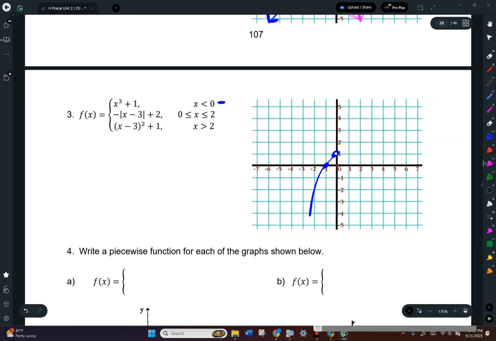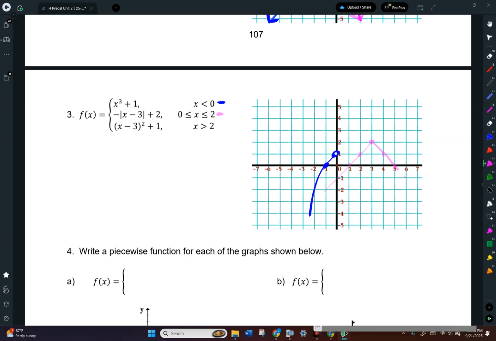Okay, and then for the middle piece, this is an absolute value graph. For now, I'll ignore the 0 to 2 and erase it at the end. I know this absolute value is 3 units to the right, 2 units up, and it's opening down. So if I were drawing this entire thing, it's doing this kind of thing.